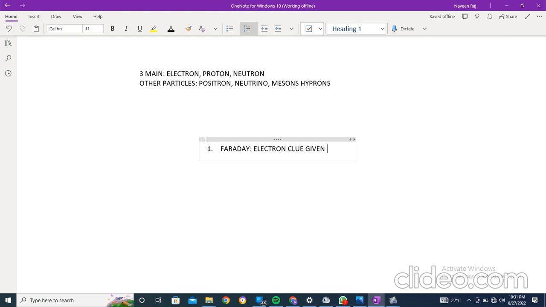The second is William Crookes, a scientist, and he did his tube experiment, the Crookes tube or gas discharge tube experiment, and by that he confirmed the electron and proton. He just said that yes, you're right, Faraday, there is something existing like that.